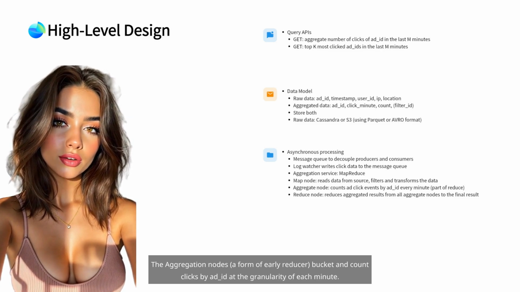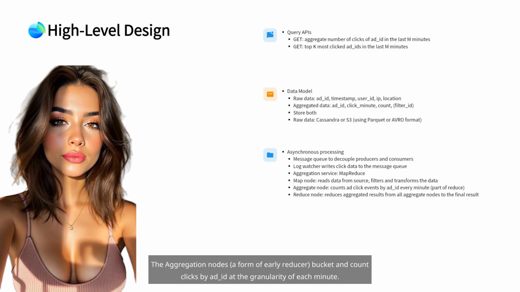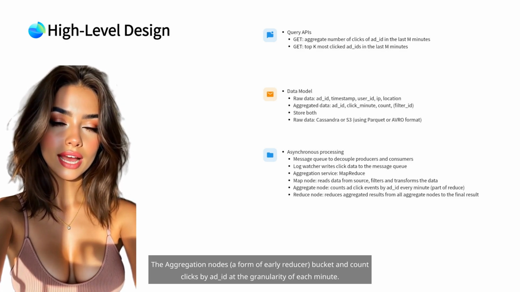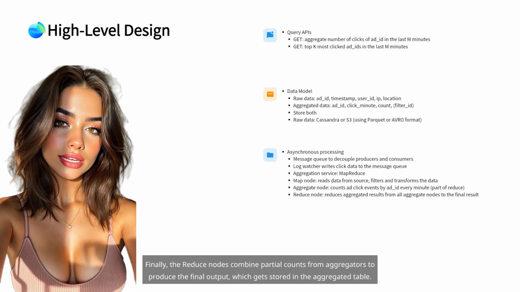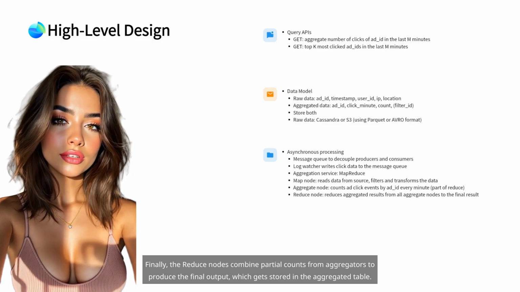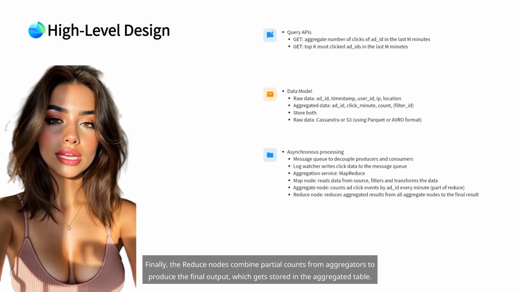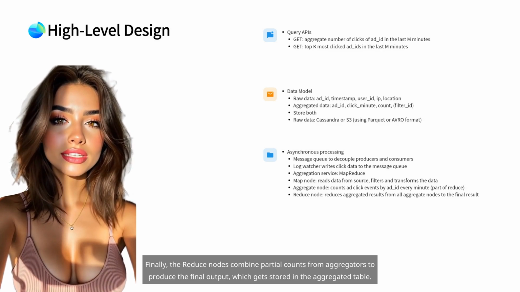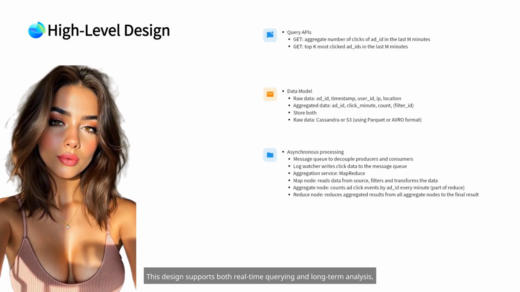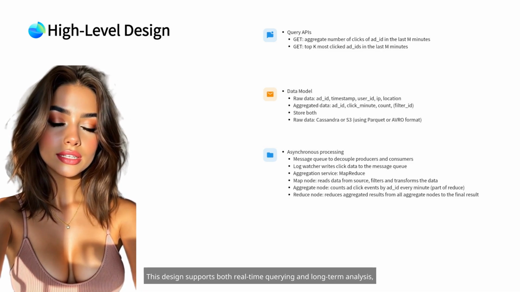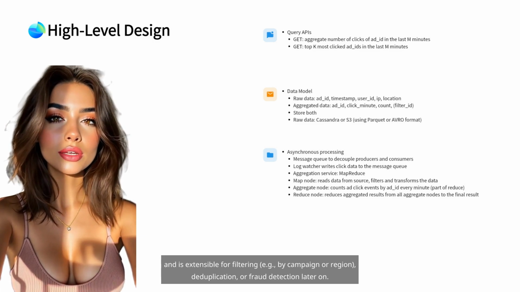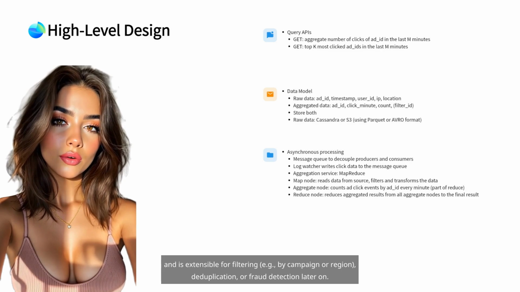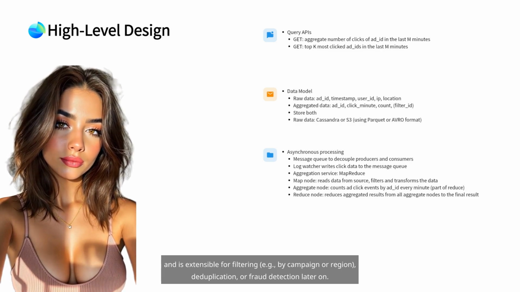The aggregation nodes, a form of early reducer, bucket and count clicks by ad ID at the granularity of each minute. Finally, the reduce nodes combine partial counts from aggregators to produce the final output, which gets stored in the aggregated table. This design supports both real-time querying and long-term analysis, and is extensible for filtering, e.g., by campaign or region, deduplication, or fraud detection later on.